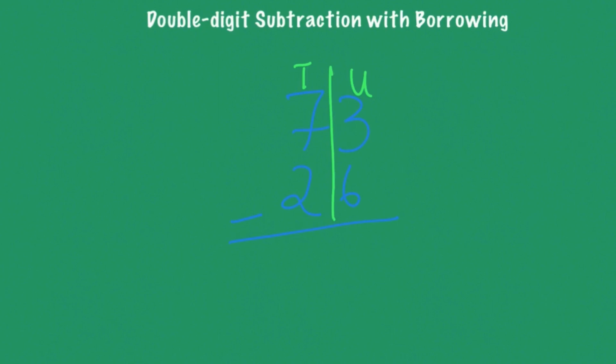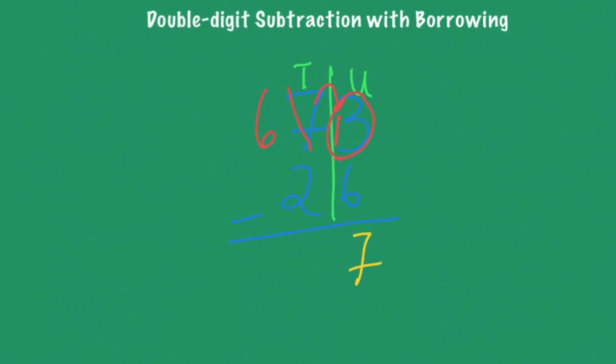Okay, let's try. So here we have 3 minus 6. Now 6 here is bigger than 3, so I have to do some borrowing. So I'm going to borrow 10 from the 7 here, and then I'm left here with 6 tens. So this is 13 minus 6. So let's do 13 minus 6. 13 minus 6 gives me a 7.